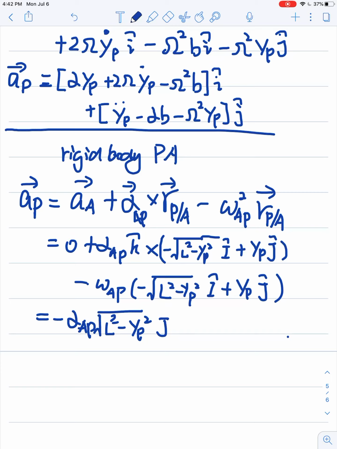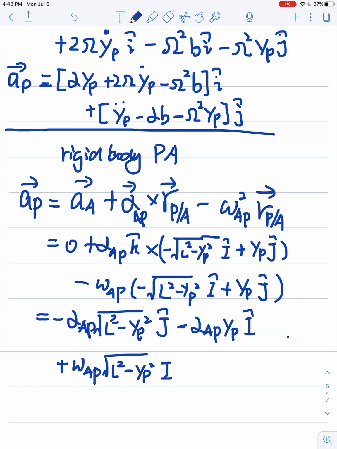K cross I will give you positive J. Then K cross J will give you negative I. So here we have negative alpha AP YP plus omega AP, minus omega AP YP.